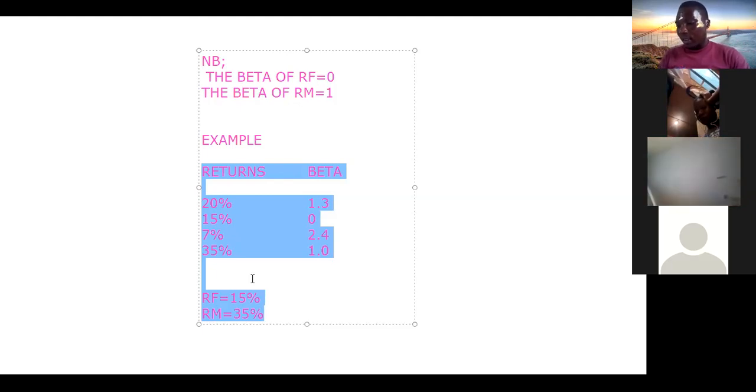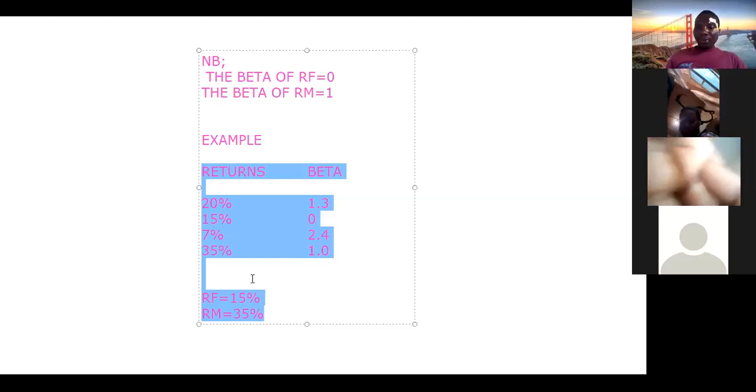Then you trace it to the vertical side, and you can see that your market return is 15%, because the market return always has a beta of 1, and your risk-free rate of return always has a beta of what? 0.